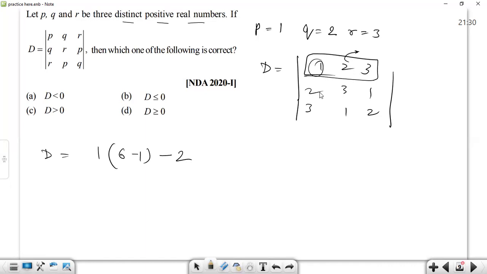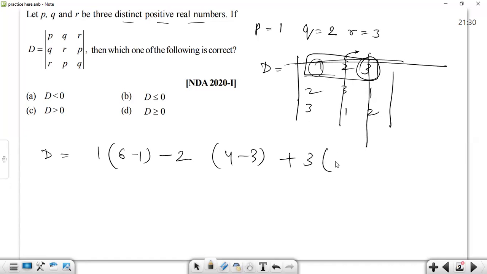So minus 2 into, excluding the respective row and column, 2 into 2, 4, minus 3 into 1. Okay, plus 3 into, excluding the column and the row, 2 into 1, minus 3 into 3, that is 9. We have to find D. 6 minus 1 into 1 is 5.